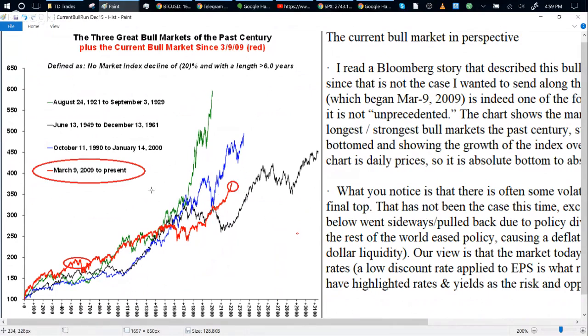The 1990s tech bubble was a bigger run, and the 1949 to 1961 run was a longer run. So we're working on the fourth best bullish run in stock market history, and I think we're nowhere near a top. I don't think we're near a top yet.